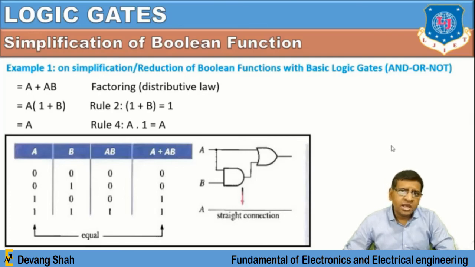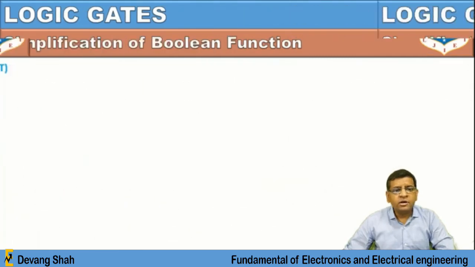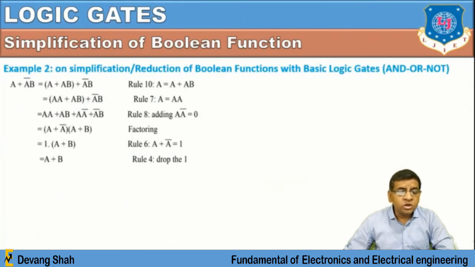So you can straight away reduce your Boolean functions. By reducing your Boolean function, ultimately you are reducing the circuit size, the logic gates, the operations, and the time. So that's how you get the fastest speed in digital systems, right?